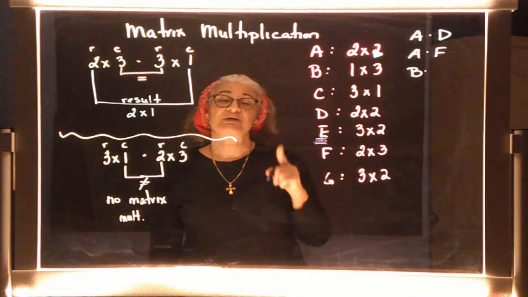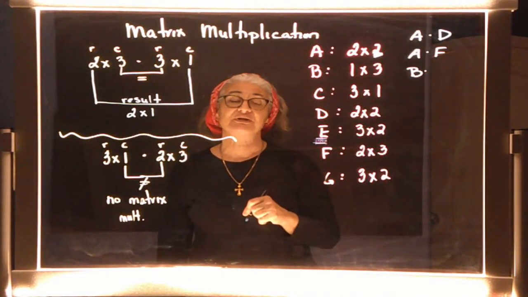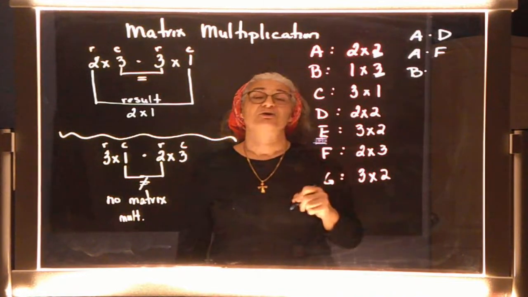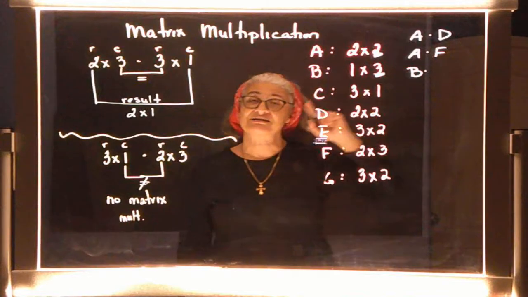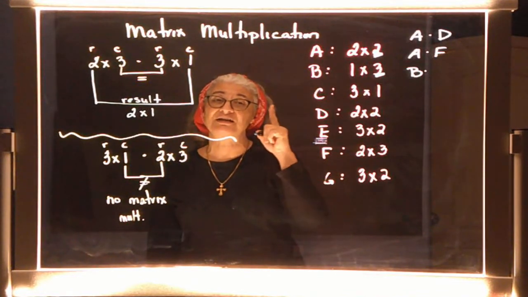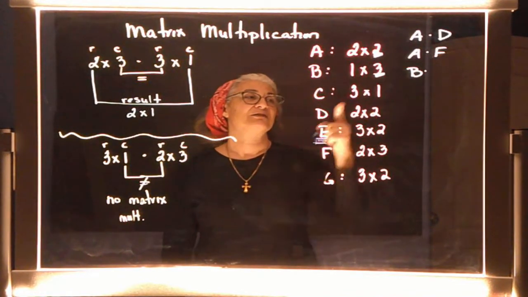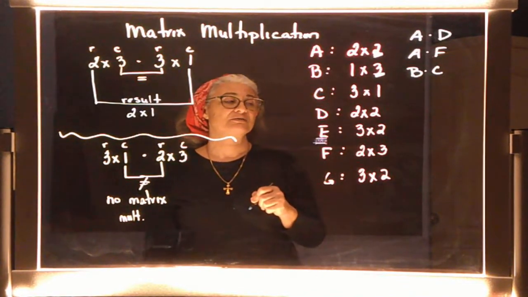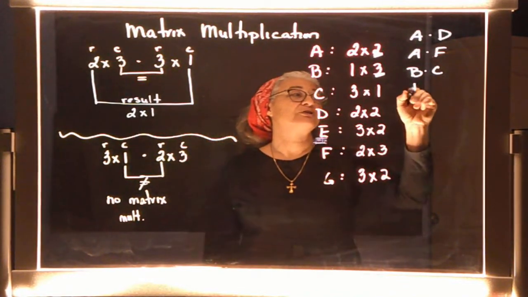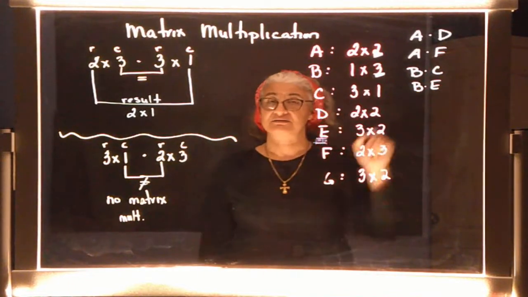Let's look at matrix B. Matrix B, that's the one I want to write down first. It ends in a 3, which means the second matrix has to start with a 3. Well, that would be matrix C, wouldn't it? What else? Oh yeah, E. So I could do B times E, couldn't I?